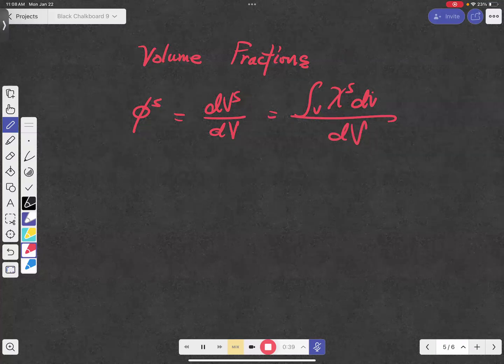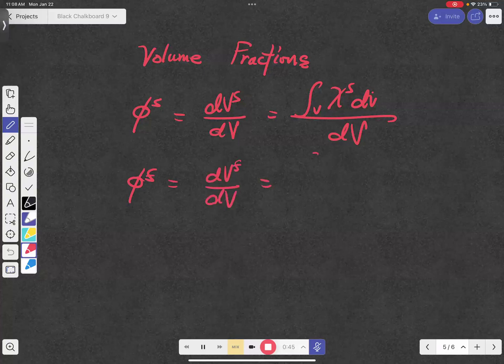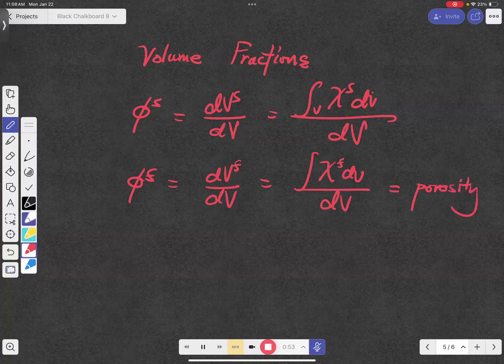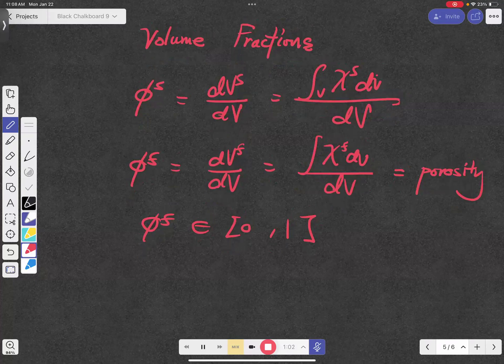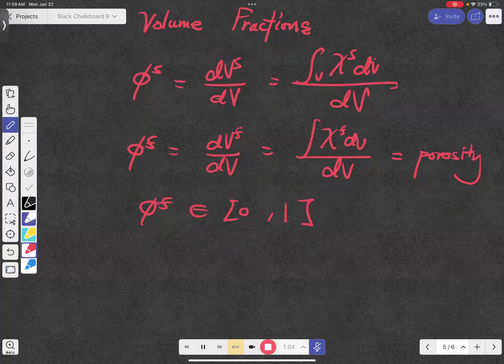And then there's another one, which has a name called porosity. Porosity is something within the range of 0 and 1. What is the physical meaning of it being 0? No pores. Full solid.